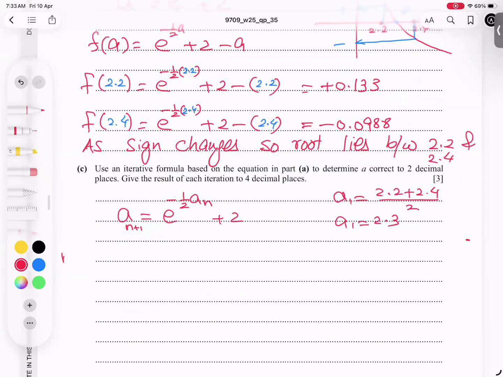So when I plug in n value as 1, here I get 1 plus 1 giving us 2. Here negative 1 over 2, a1, and a1 is 2.3. So here I'm putting 2.3 and positive 2, which I'm going to type in the calculator, and I will get the answer.